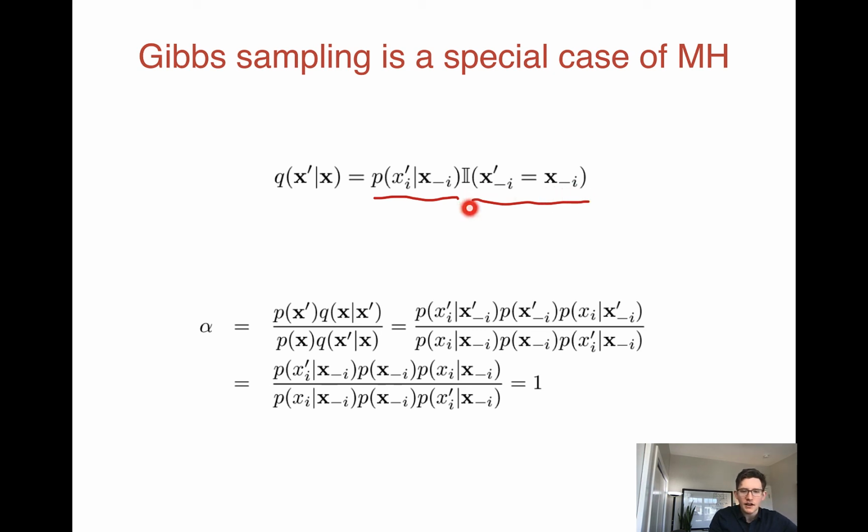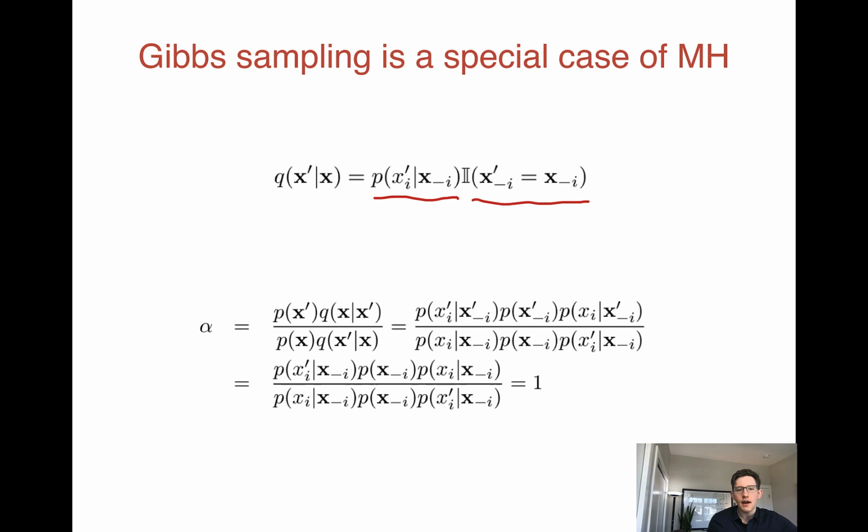So this is going to have value 1 only when these two are equal. So it's impossible to get any move where x minus i changes. It's only xi that gets to change. So that's all that indicator term is doing. It's just saying we're going to use this full conditional as our proposal distribution for xi.